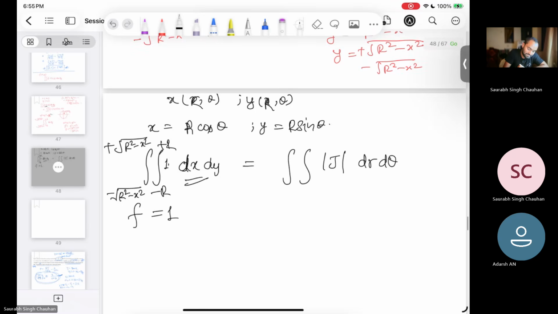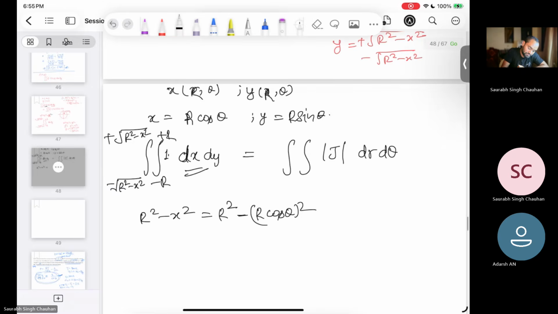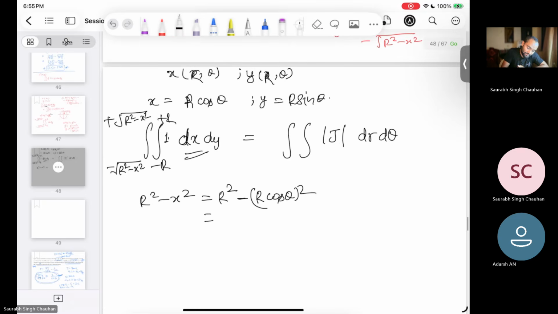So how will the limits be transformed? R square minus x square, if you write it in terms of r and theta, R square minus R cos theta squared, will become R square sin square theta.